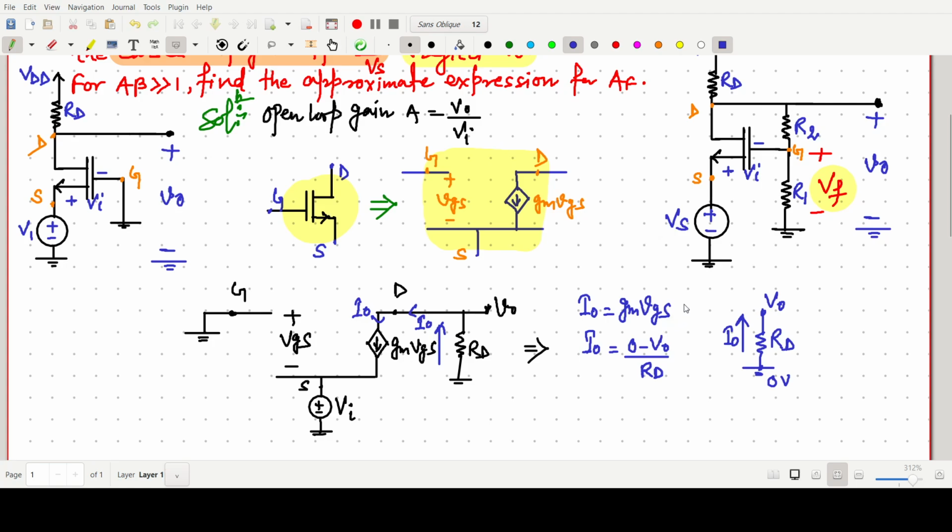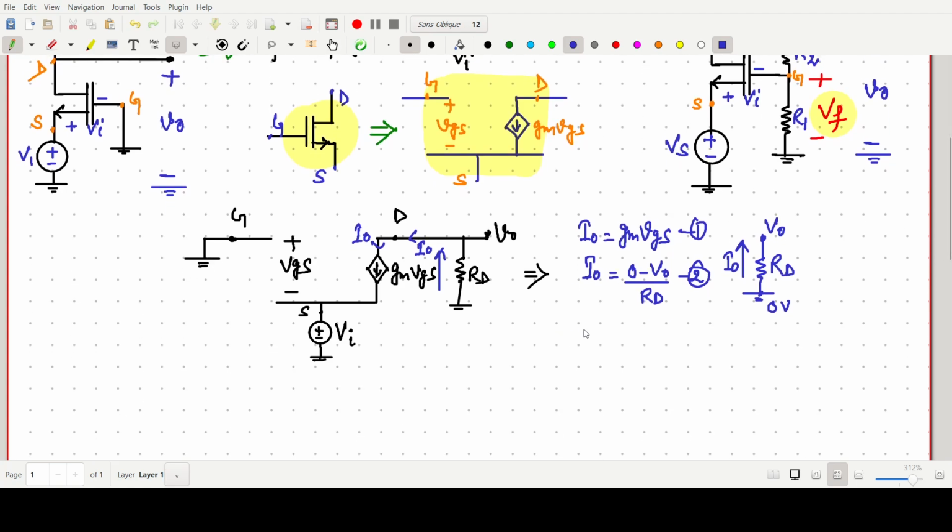Both are the same. This is equation number 1 and equation number 2. We are finding the open loop gain first, so we can write gm Vgs equals minus V naught upon Rd, because equation 1 equals equation number 2, since both expressions are the same.